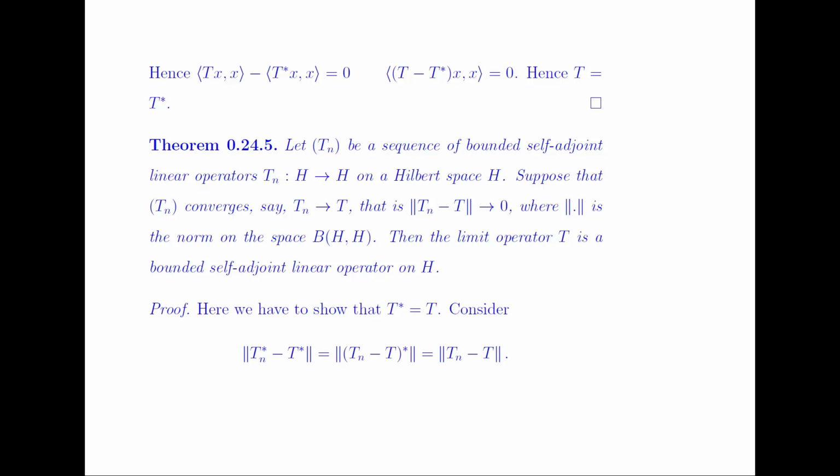Now the further theorem will tell us about convergence. So let Tn be a sequence of bounded self-adjoint operators Tn from H to H, and suppose that the sequence Tn converges.